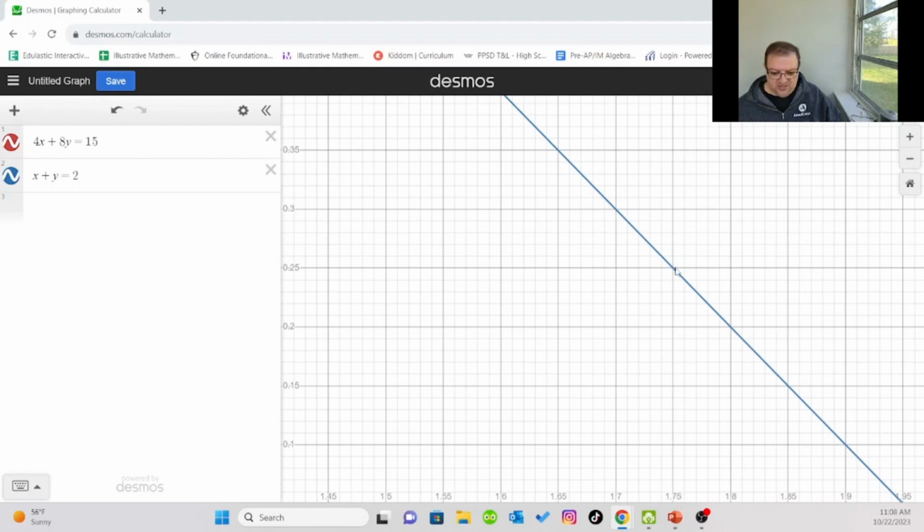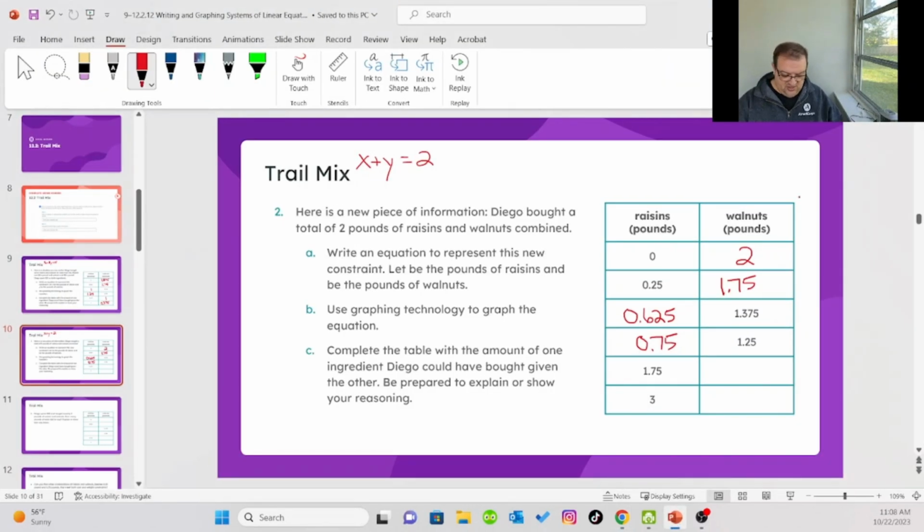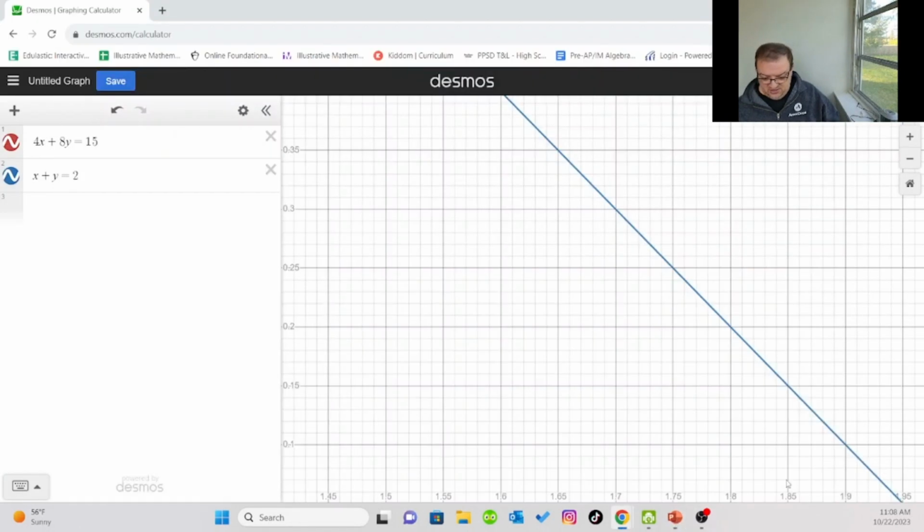I go up until I hit the blue line. I go left to find my y value, and it's 0.25. And finally, they tell me I have an x value of 3.